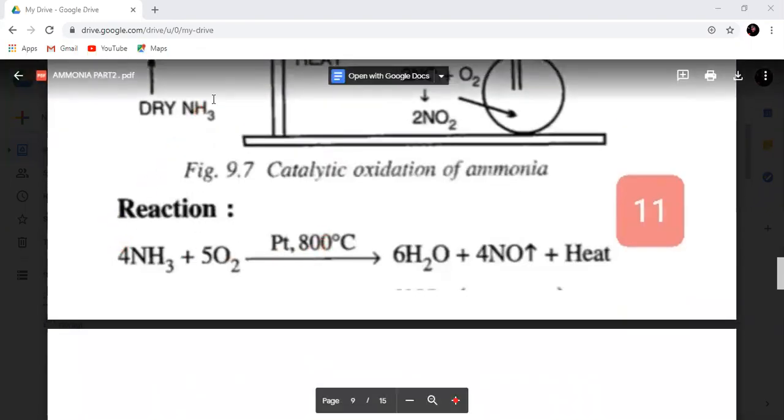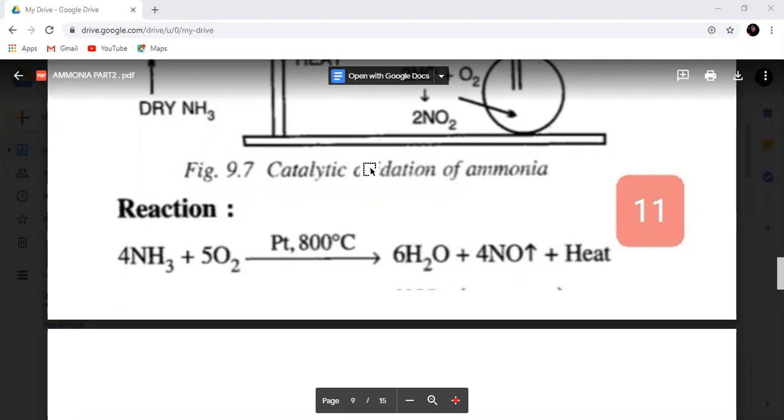Here, ammonia reacts with oxygen with the catalyst platinum at a temperature of 800 degrees Celsius. What is forming? Nitric oxide, NO, in the gaseous form, with heat meaning exothermic, and water vapor, which is liquid or aqueous in nature.